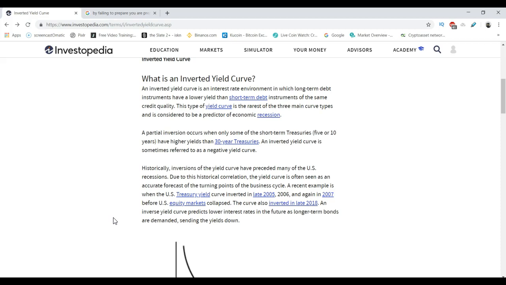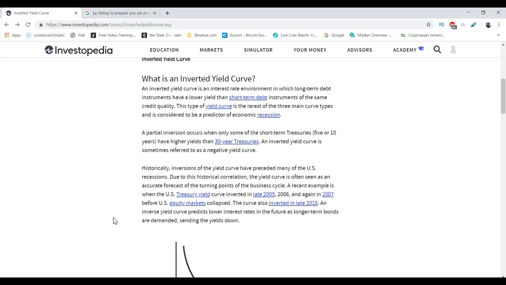Okay, so an inverse yield curve predicts lower interest rates in the future as longer-term bonds are demanded, sending the yields down. Our interest rates are so low right now, people, that they basically can't get any lower.